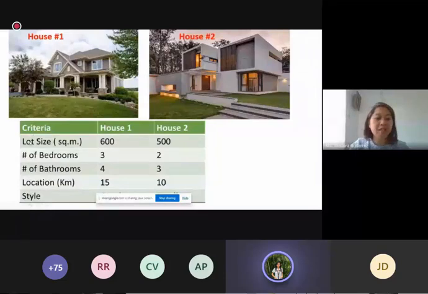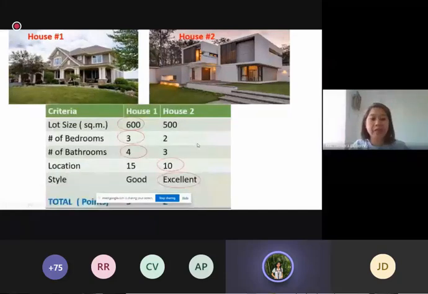These are the lot size, number of bedrooms, number of bathrooms, location, and style. And these are their performance measures. So evaluating the two houses, we see that house 1 wins in the 3 criteria. It has the larger size, many bedrooms, and many bathrooms. House 2 wins in the two criteria, location and style.